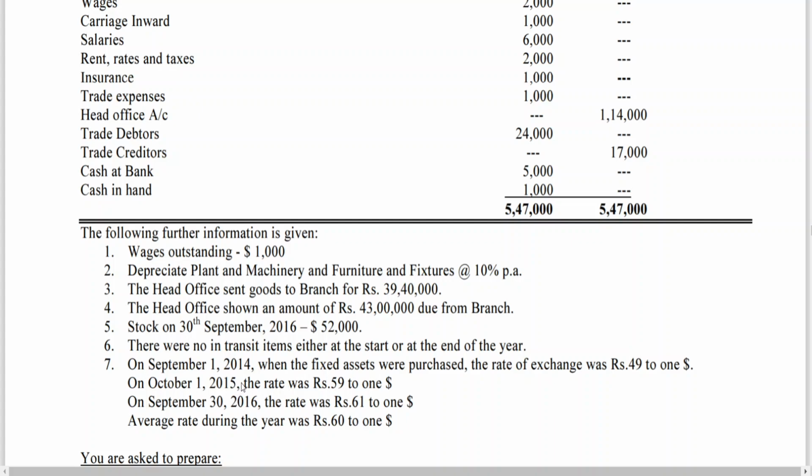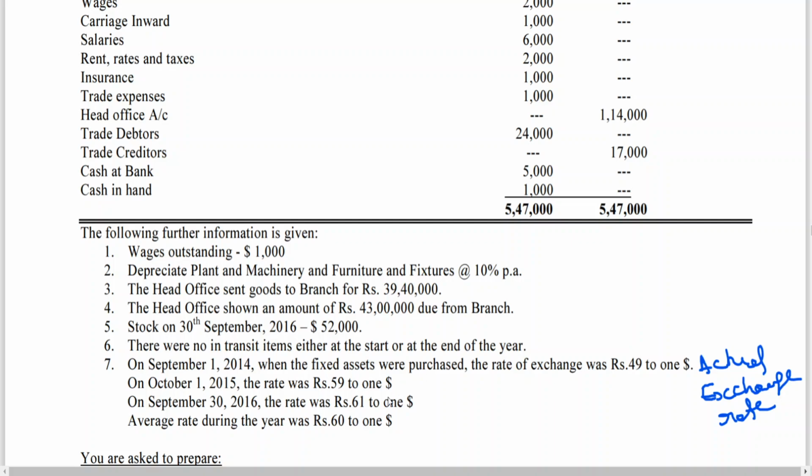On 1st September 2014, when fixed assets were purchased, the rate of exchange was 49. This is what is called the actual exchange rate. On 1st October 2015, the rate was 59 rupees.